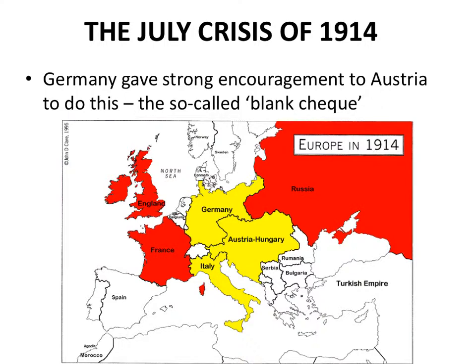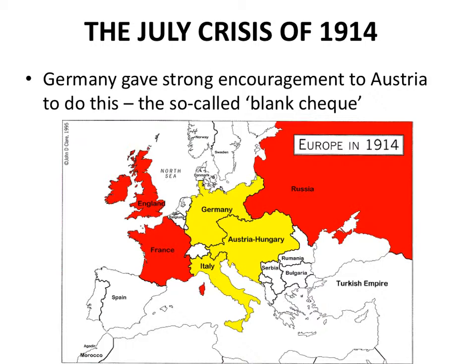Now, that's where the alliance system comes into play. Austria-Hungary was allied to Germany. Germany gave strong encouragement to Austria to deal rigorously with the Serbian issue. Knowing that Germany backed her gave Austria-Hungary the confidence to declare war against Serbia.